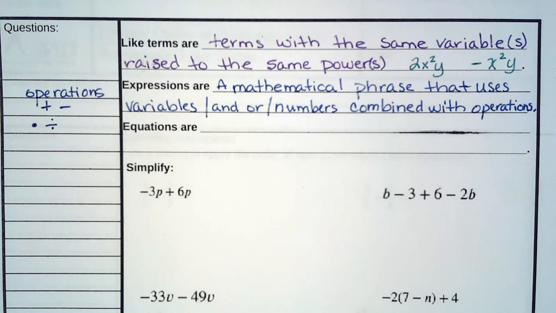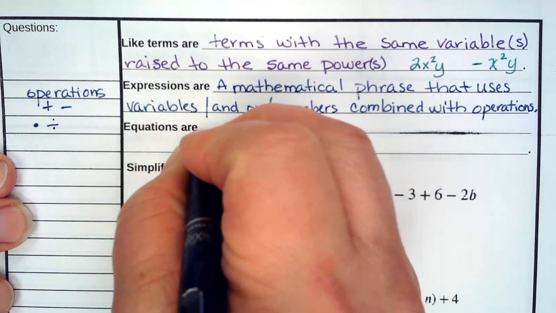So what is the difference between an expression and equations? Well, equations are also mathematical statements, but they also state that two quantities are equal. So for an equation, you have to have an equal sign.